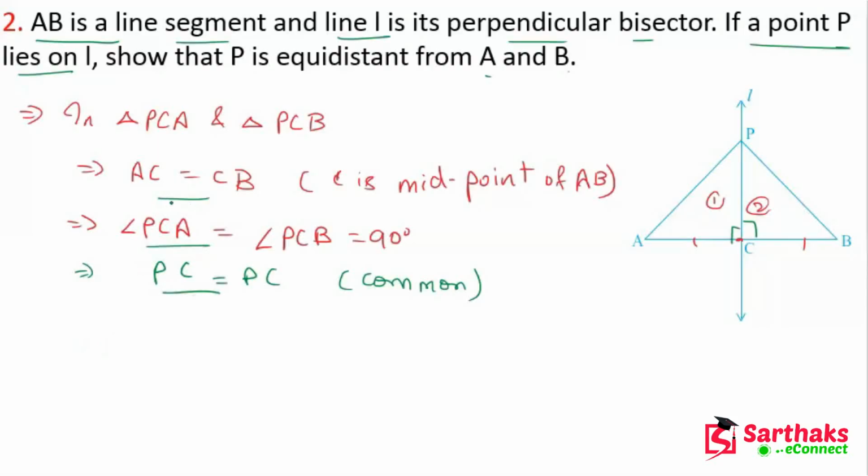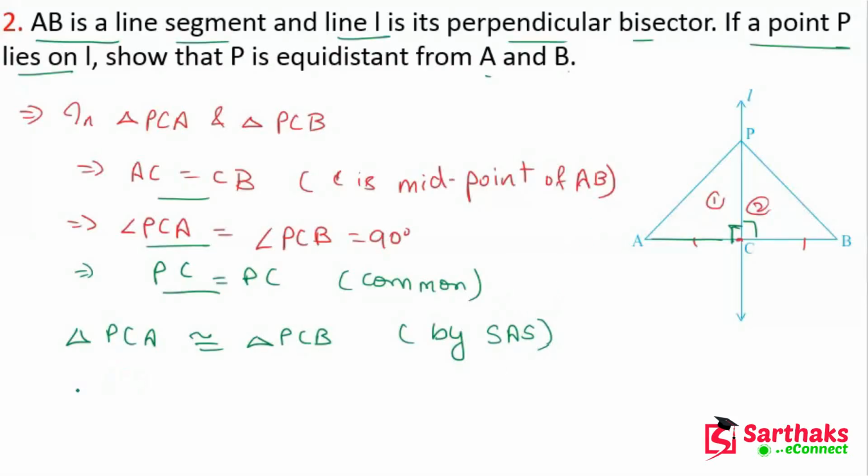We have a side AC and an angle between AC and PC, the angle between the two sides AC and PC. So triangle PCA is congruent to triangle PCB by the side angle side rule.